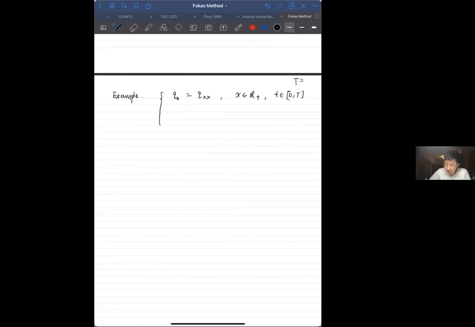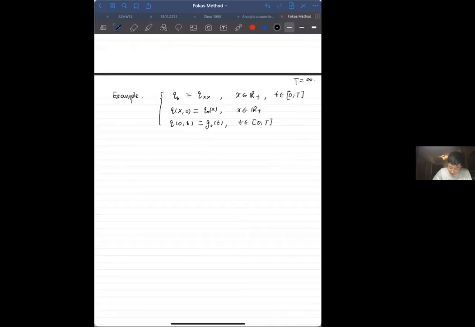This capital T can be infinity. So we need the initial data for x positive, and one boundary condition q(0,t) equal to g0(t) for t in (0,T).